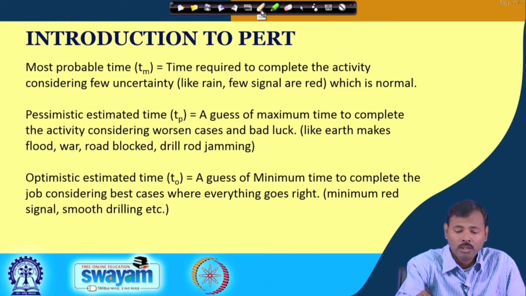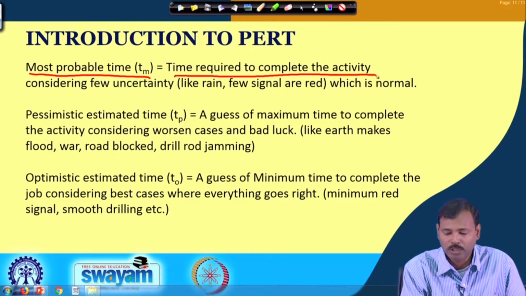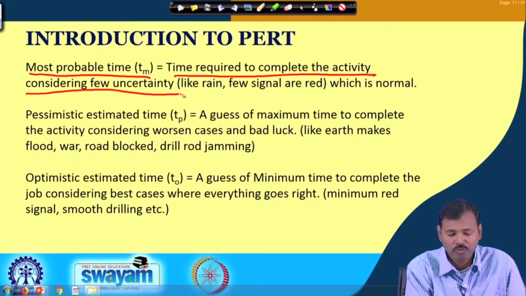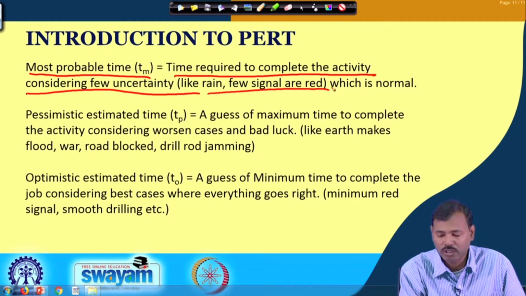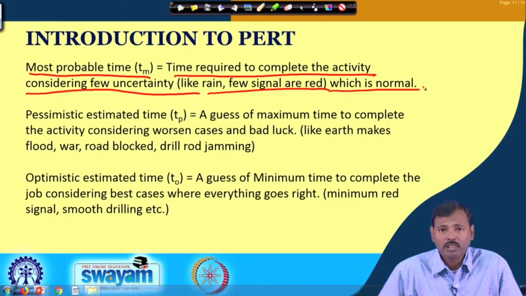So, we can say that the most probable time is the time required to complete the activity, considering a few uncertainties like rain, red signals, etcetera. Based on that assumption you consider it the most probable time, or basically an average. Most of the time we have experienced this is the time by which we complete this job; that is the most likely or most probable time.